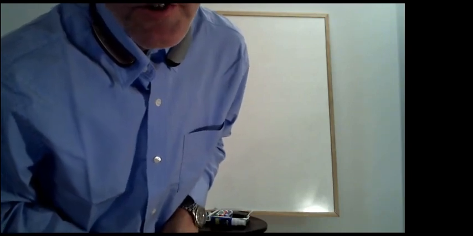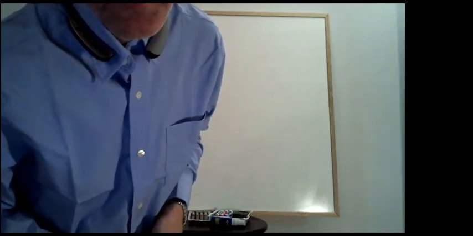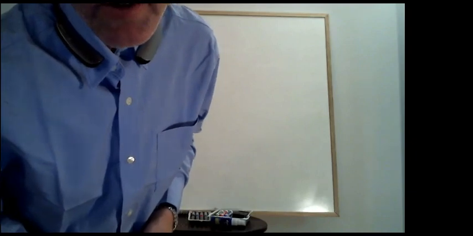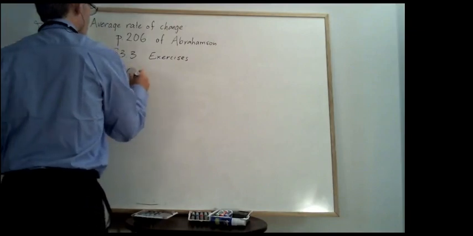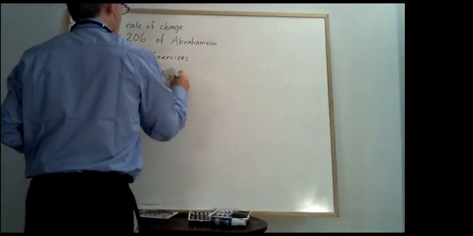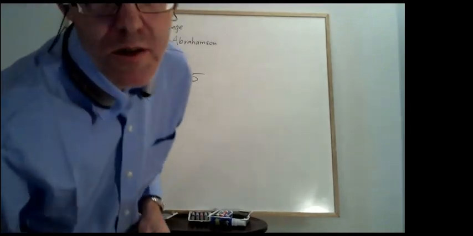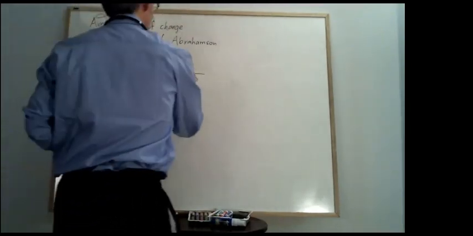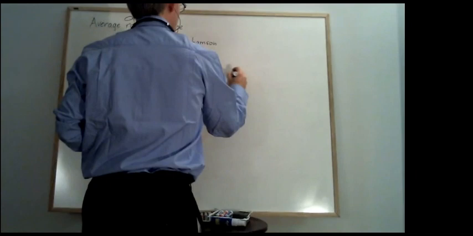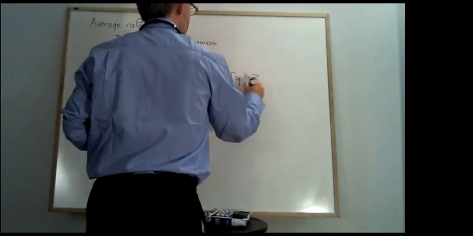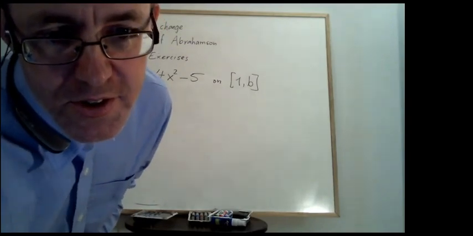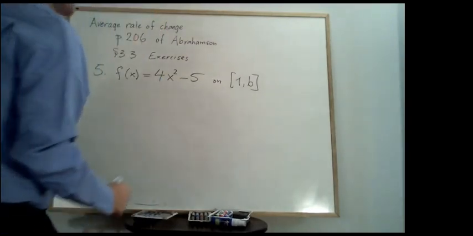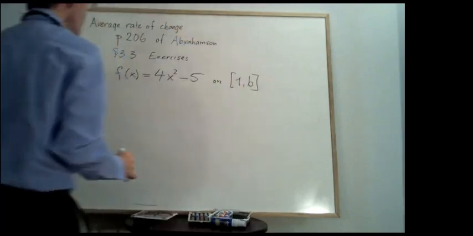For example, the first one, number 5, gives us f(x) = 4x² − 5 on the interval [1, b]. So this is the interval where 1 and b are included.